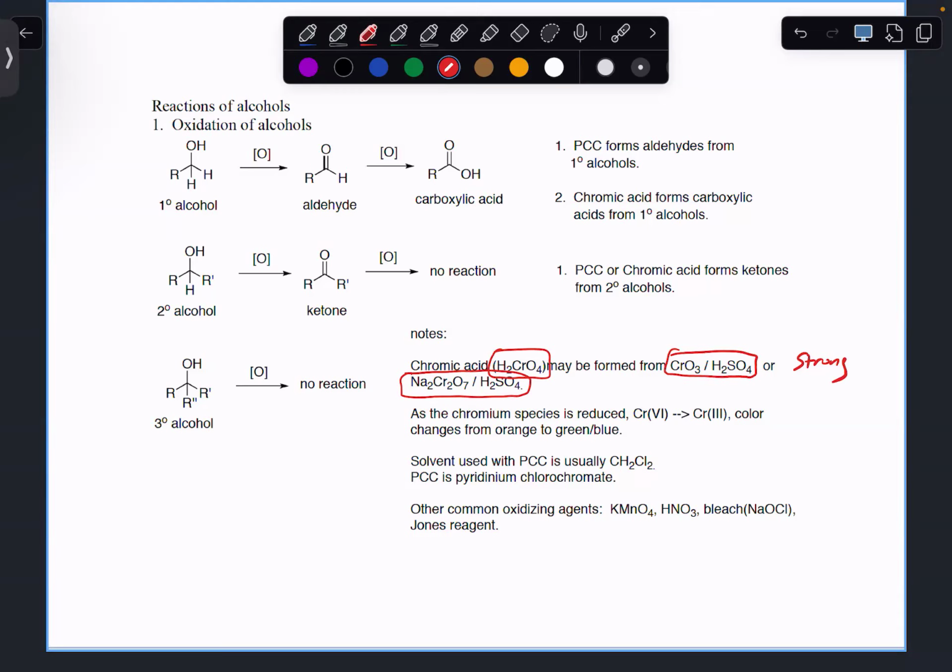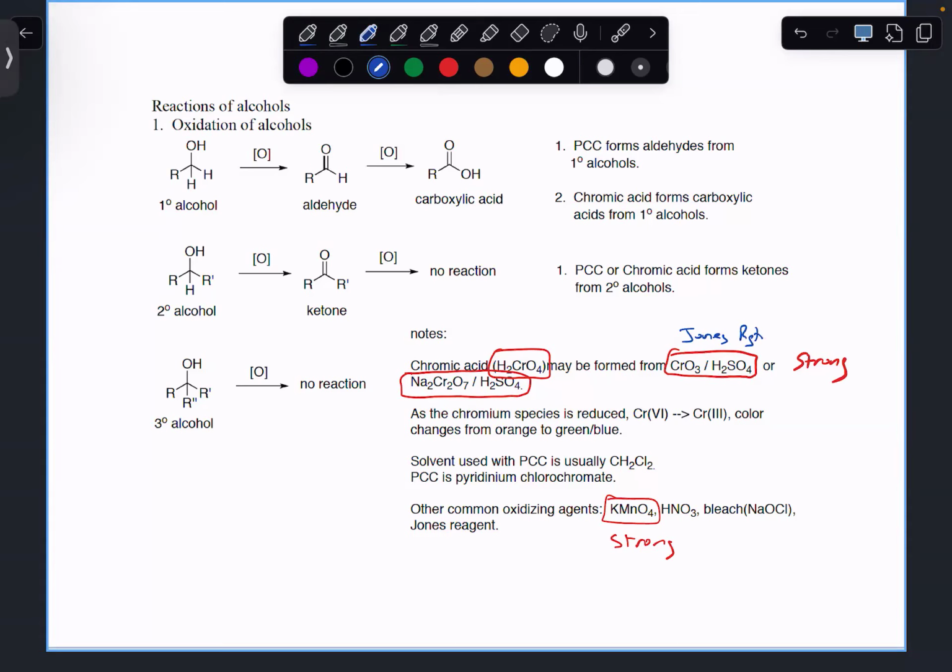Another one that is very, very common is potassium permanganate. That is also a strong oxidizing agent. By the way, this chromium trioxide sulfuric acid up here is oftentimes called the Jones reagent.